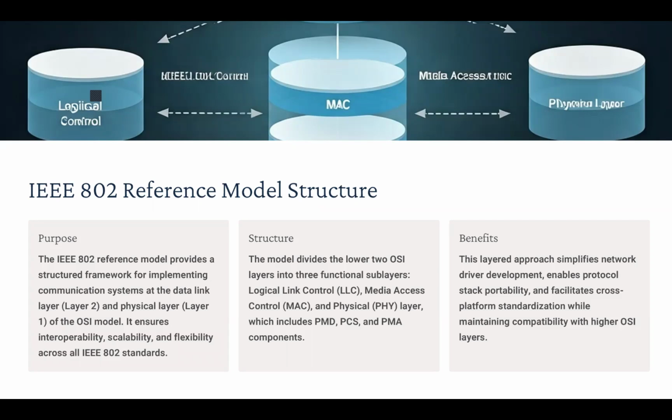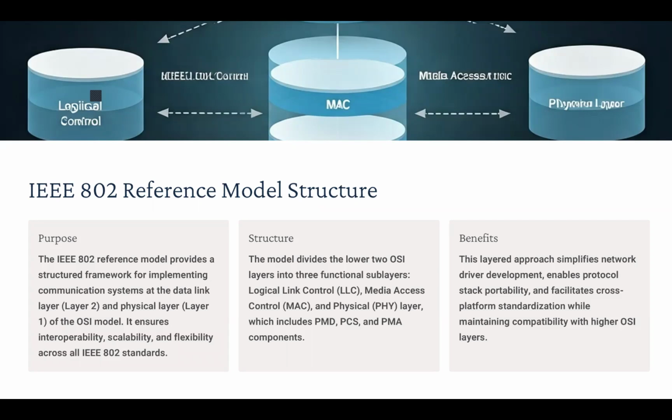Now, there are some benefits in that this layered and modular approach makes it simple to design and implement network drivers and devices because each layer can evolve independently. It also promotes protocol stack portability, enabling hardware and software to function across different vendors and platforms.